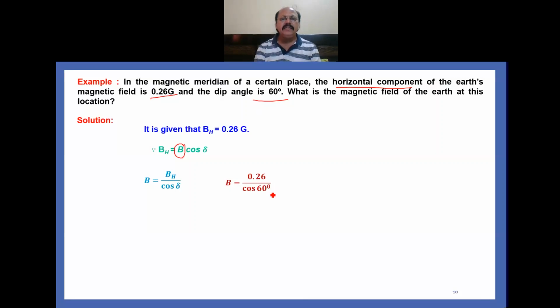Cos 60 degree is 1 by 2. So B equals 0.26 upon 1 by 2. Then solve it, you will get B equal to 0.52 Gauss. So this is the magnetic field of earth at this location.